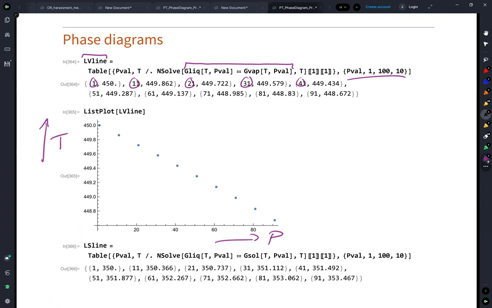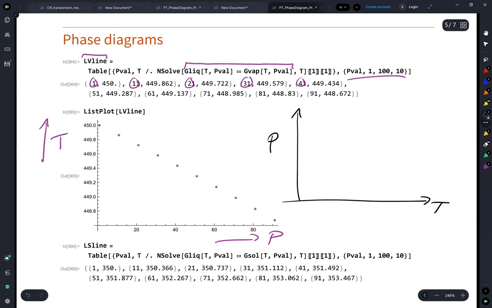So this means, let's call this 1 atm for 50, as you increase the pressure, you decrease the temperature. So this curve is doing that. And this is the liquid vapor.